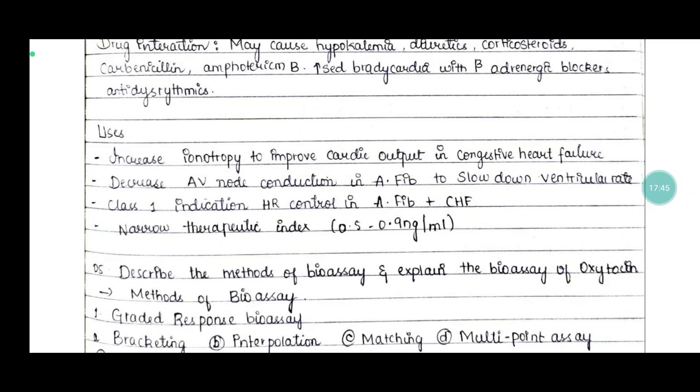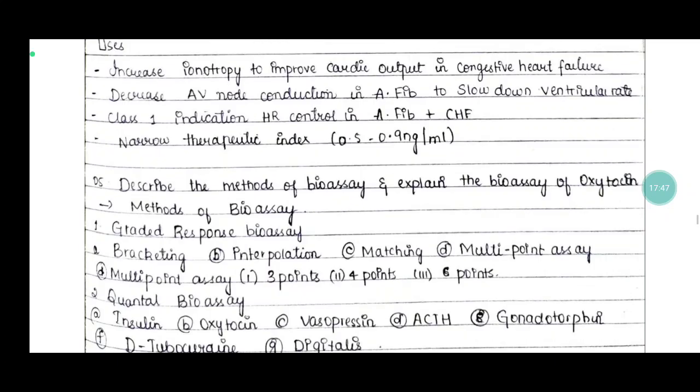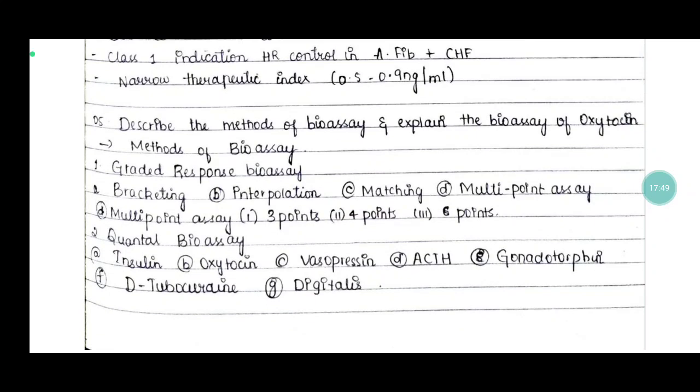So the fifth question, for 10 marks: describe the methods of bioassay and explain the bioassay of oxytocin. The methods of bioassay are graded response bioassay, in which the sub-divisions are bracketing, interpolation, matching, and multi-point assay.